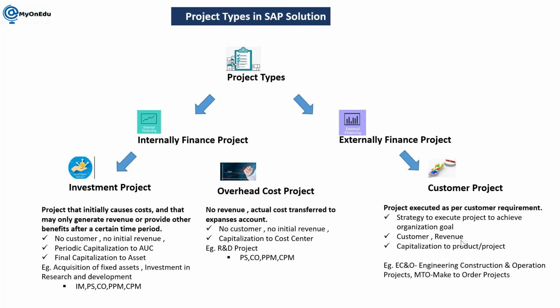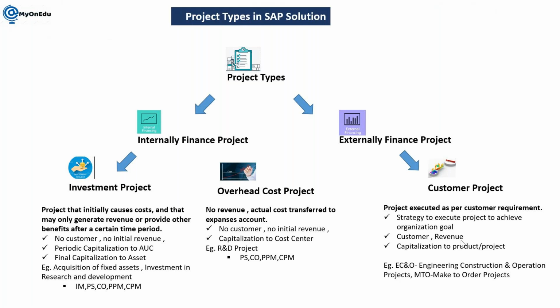It is a very specific project where engineering first needs to be done, then the design has to be prepared, and then it has to be executed, meaning constructed, and then handed over with all the operation testing. Make to order is when we are manufacturing any product based on the order.